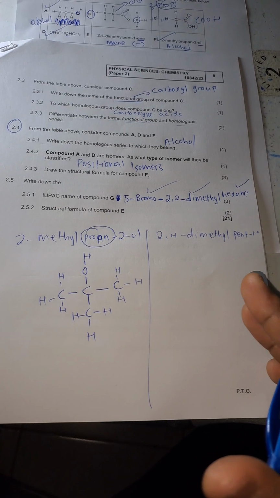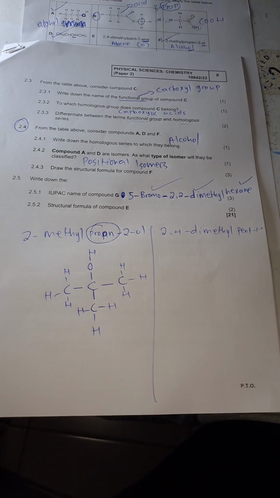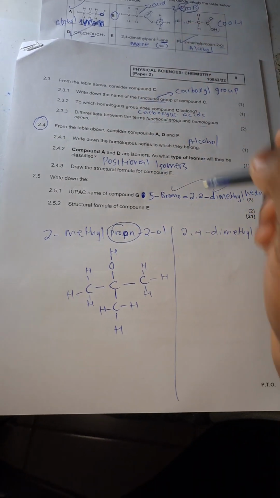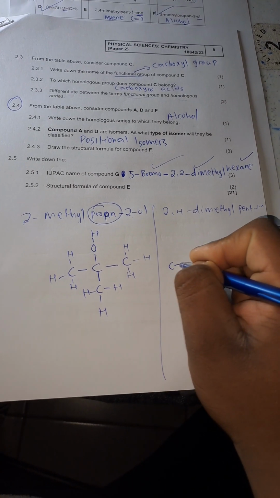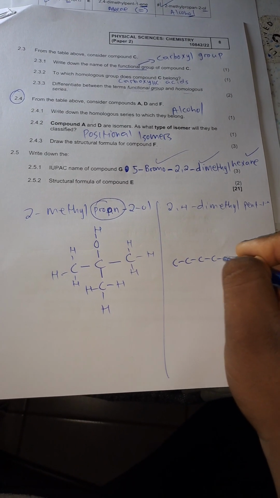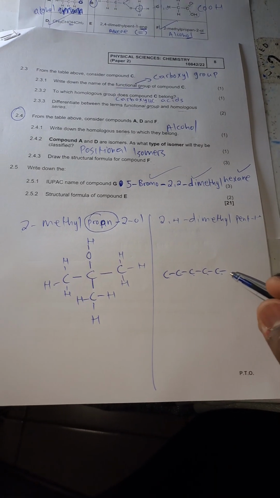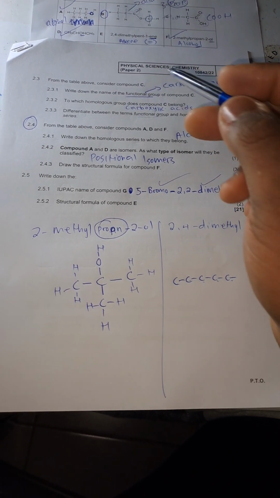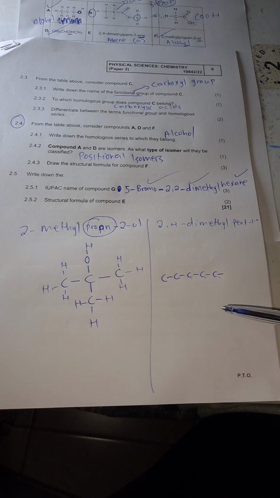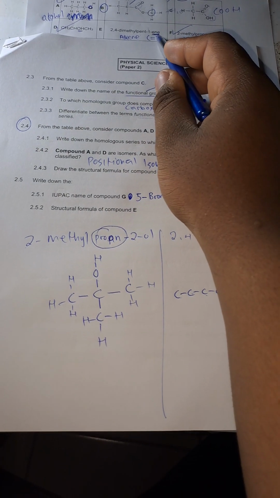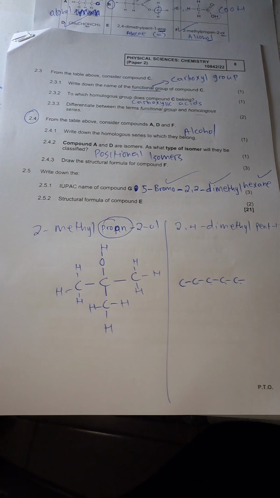The first thing that you must start with is your carbon atoms. What is it? Pent. So I know that I must have 5 carbon atoms. 1, 2, 3, 4, 5. And then after drawing the carbon atoms, where is your double bond?